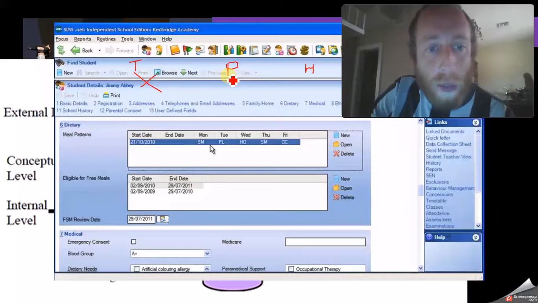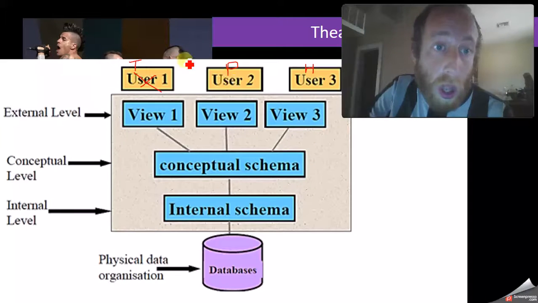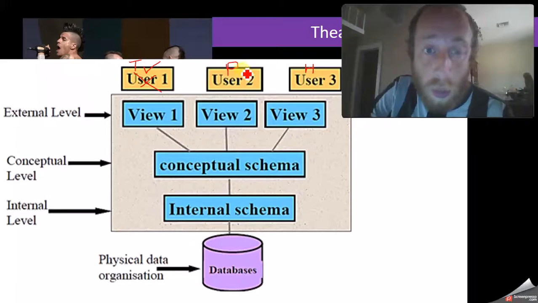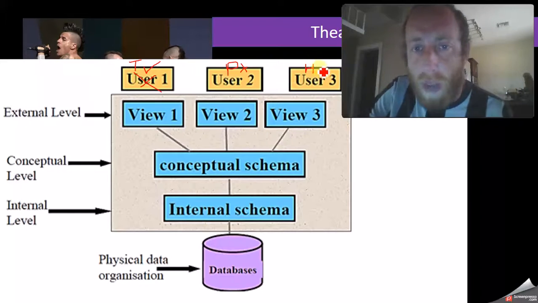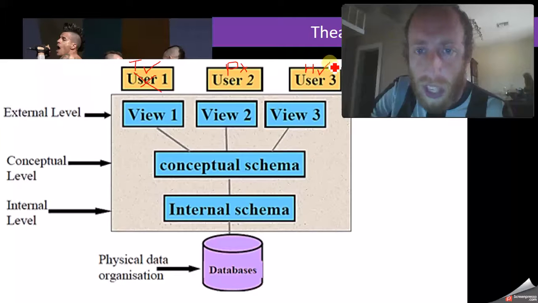Finding out student information and looking at their health issues. That'll be a teacher view. The parent won't need access to that, about their own child. Pointless. The head teacher would also need access to that. So they both will get the same view.